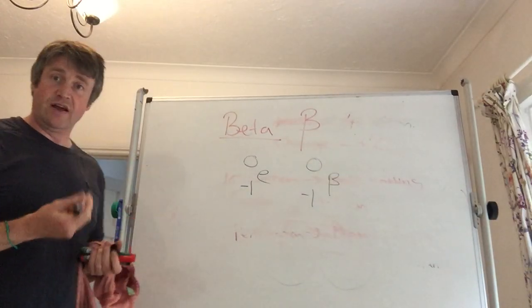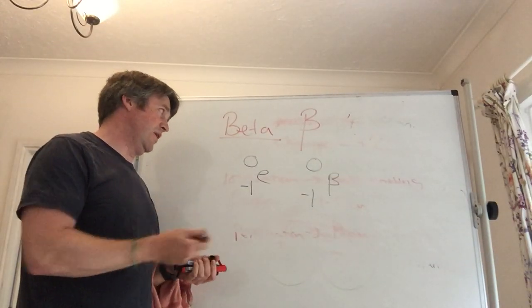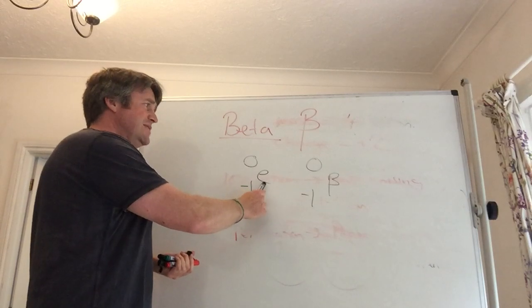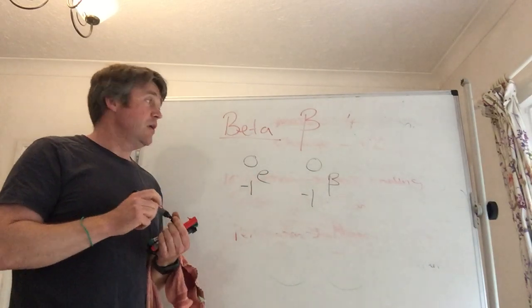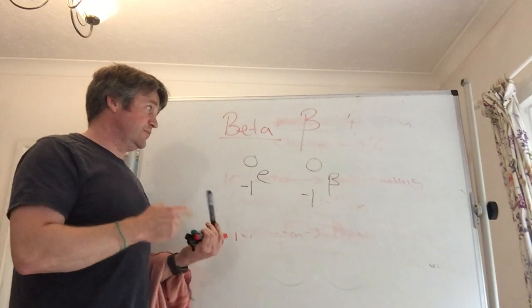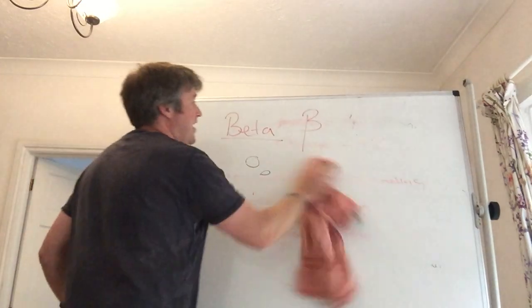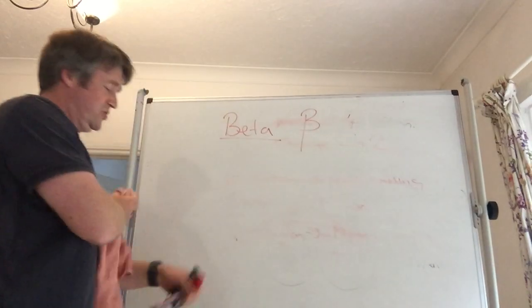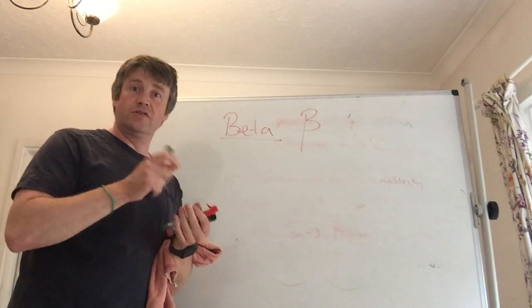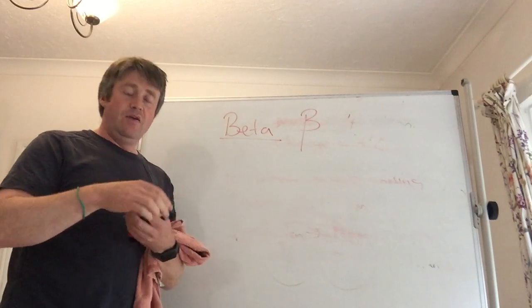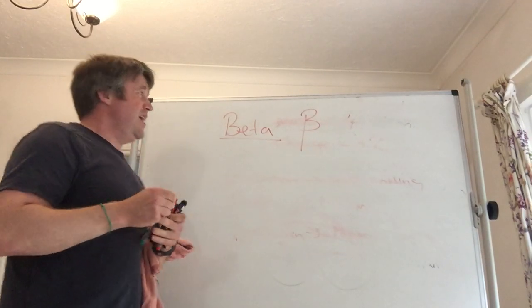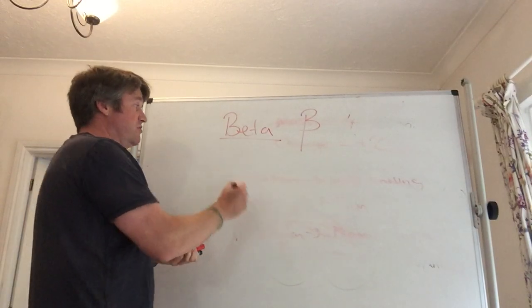Either way, if you look on the internet, you'll see it that way. This is the way it tends to be done in our syllabus, but they could do it that way. It's quite important for us to understand how a beta particle forms.